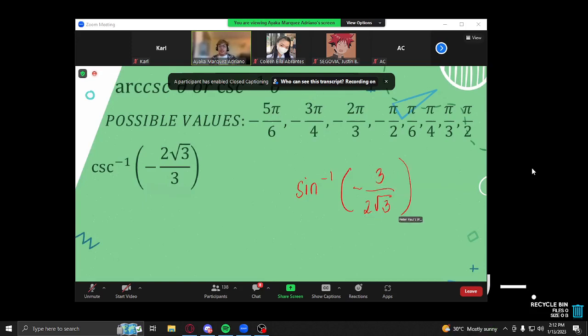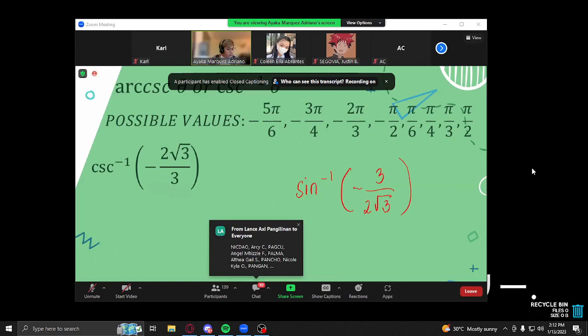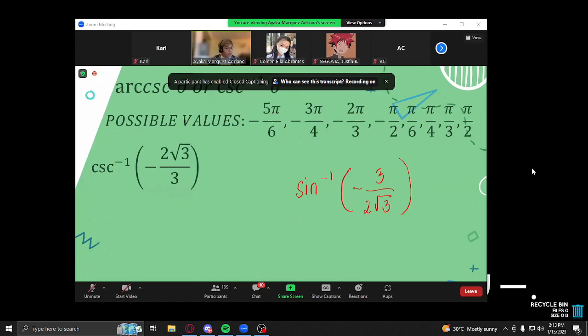So if you press that one in the calculator, ano yung binibigay sa inyo ng calculator? Anyone here, raise your hand if you want to answer. Hello? Give me what the calculator gives you.